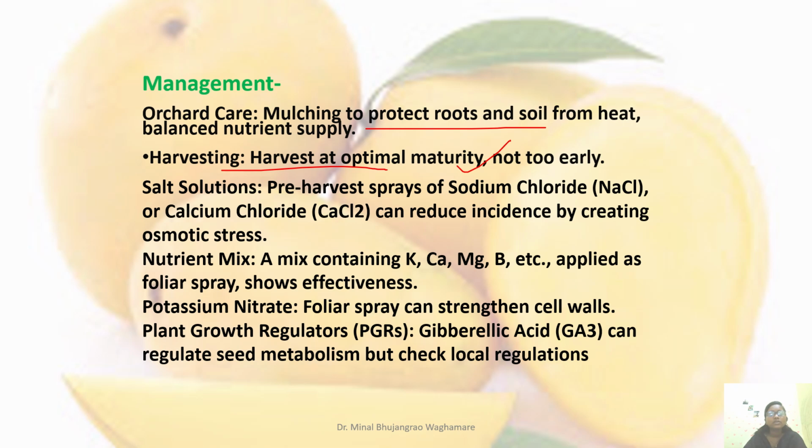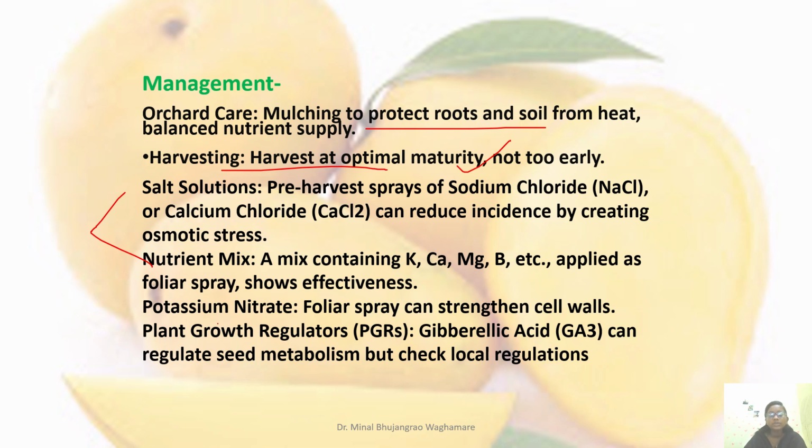We have already seen that in both cases potassium and calcium deficiency lead to spongy tissue. So proper balanced fertilization of calcium, magnesium and boron, and calcium chloride, reduces the chances of this spongy tissue.